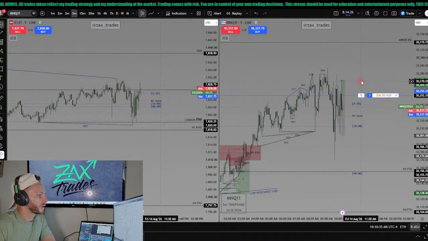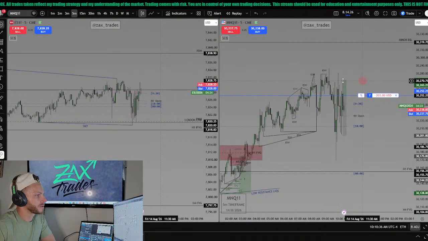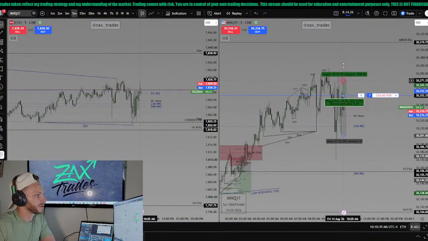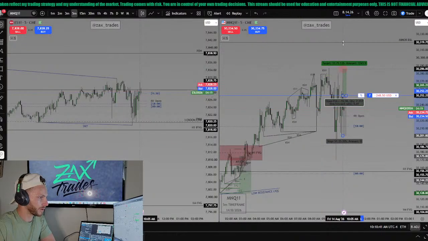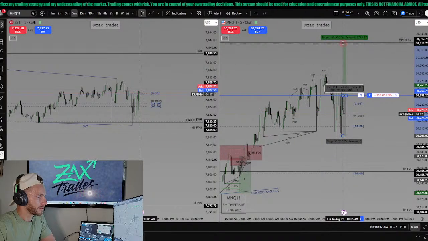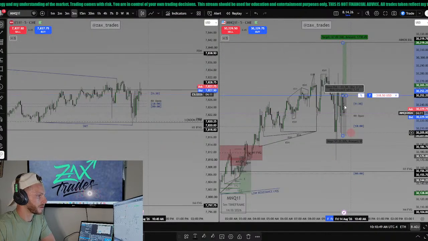Now, if we're wrong on this trade, and it starts to turn over, I think maybe it's going to target that 4 hour underneath. Got a lot of SMTs at the lows.